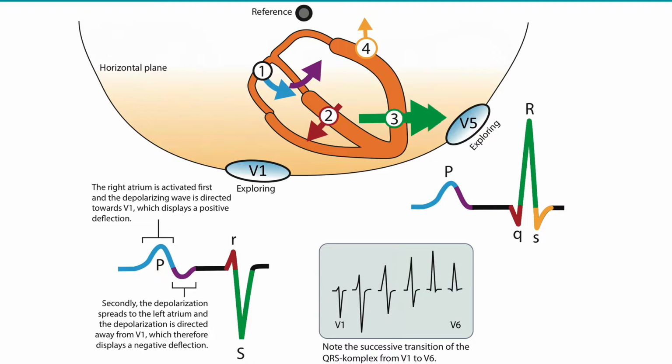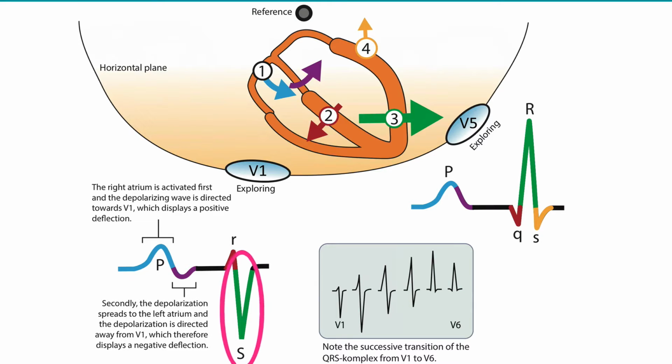And this travels away from V1, which will display a large negative wave defined as an S wave. And this wave will be large and sharp because the electrical vector is strong, and fast because the left ventricular free wall is large and activation of it is fast.